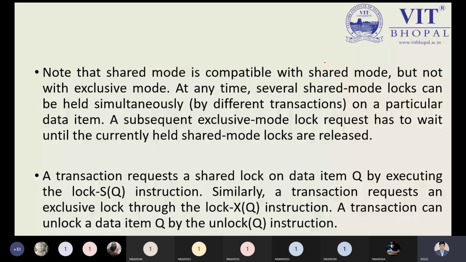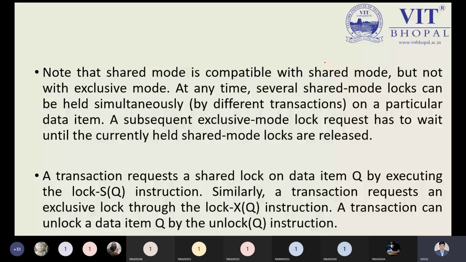But if you are trying to update some information at the same time, what will happen? Definitely, one transaction has to complete first before the other transaction can proceed. This is the point we need to keep in mind.